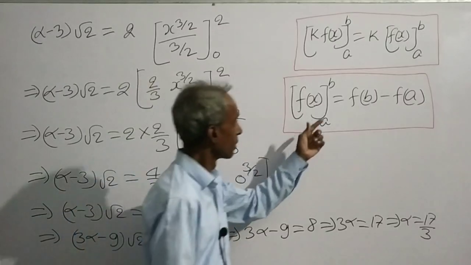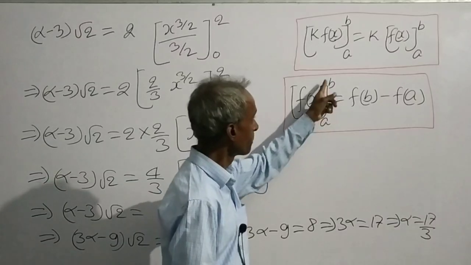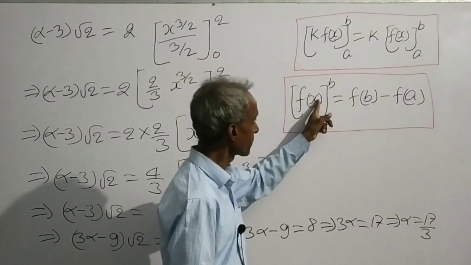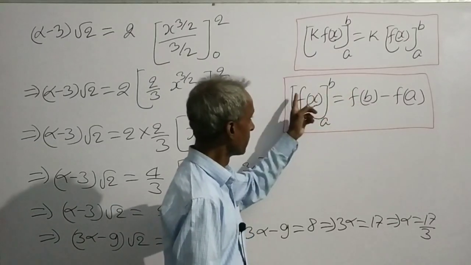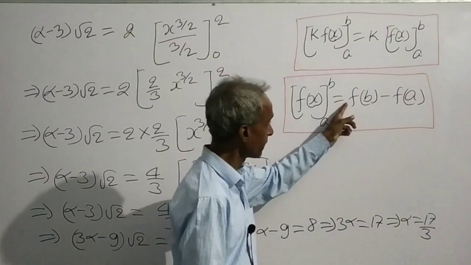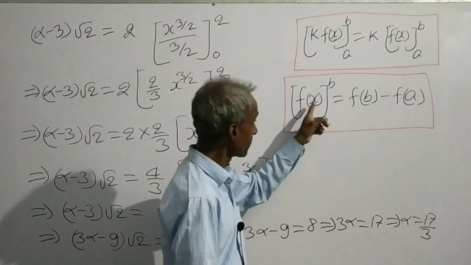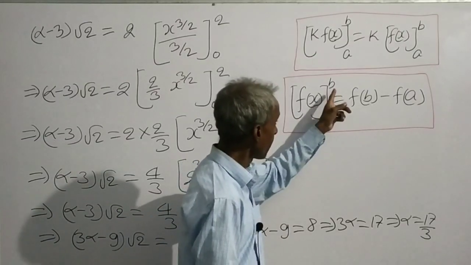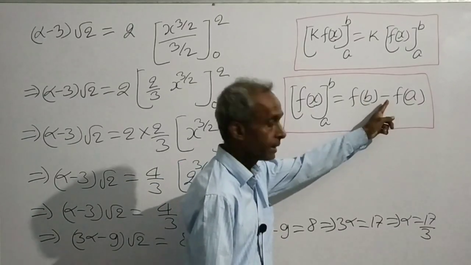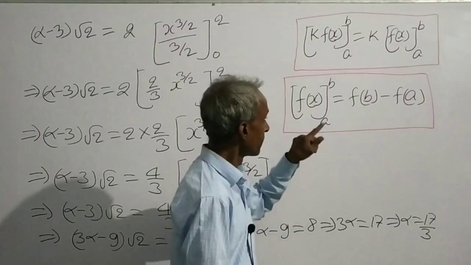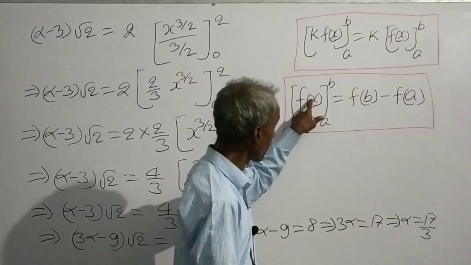Now, f(x) from a to b is equal to: we put the upper limit b in place of x, the function remains the same. If the function is f here, here will also be f. Only we make the change that we write b in place of x. Then we write minus sign, then we write f(a), put a in place of x.